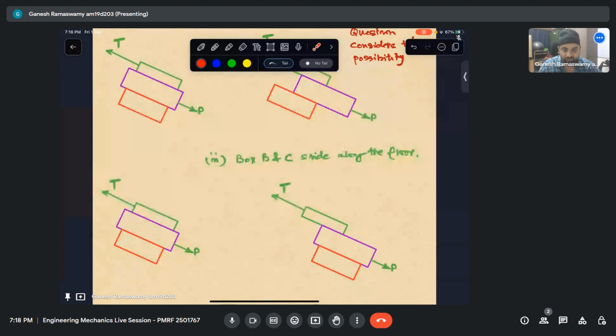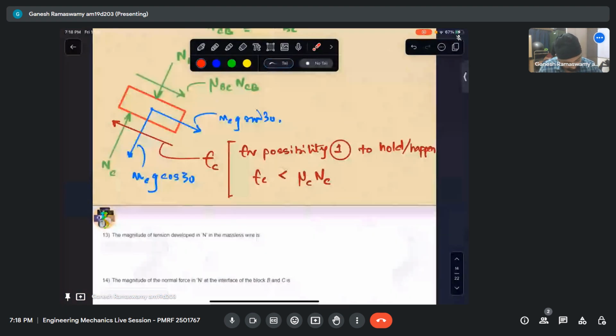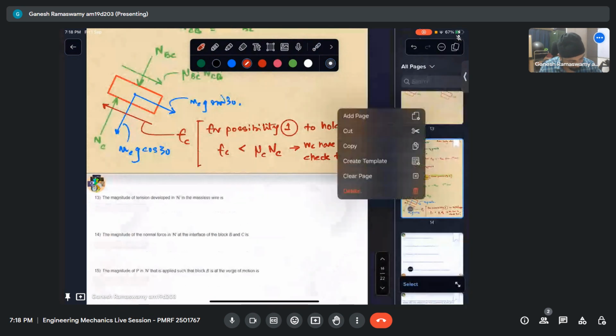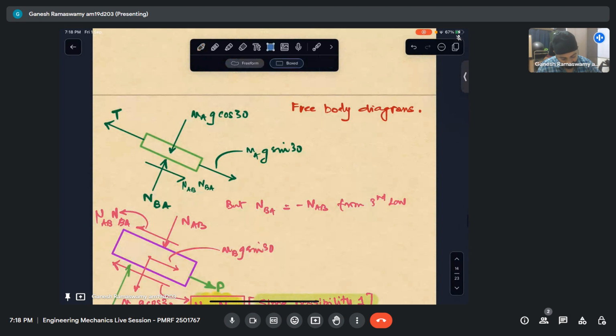Okay, this is the check we have to do. This we have to check. That we will check. Now let us go about solving each and every free body. I have this.